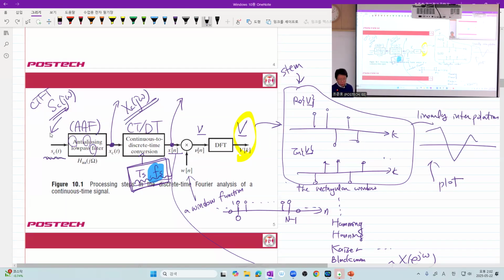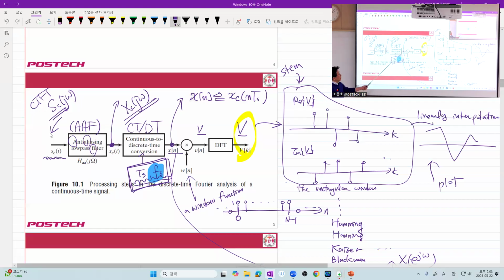So even though you may be a little confused by my use of T sub s and the author's use of capital T, please just understand they mean the same. So here goes the discrete time signal, and x of n is defined as x sub c evaluated at every integer multiple of T sub s, or simply capital T.